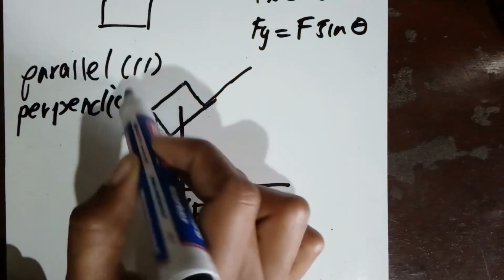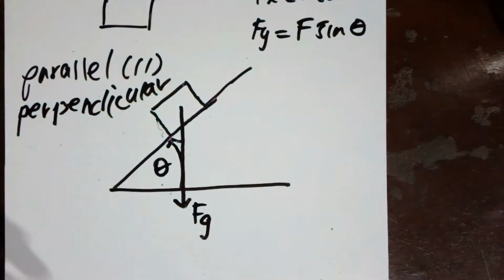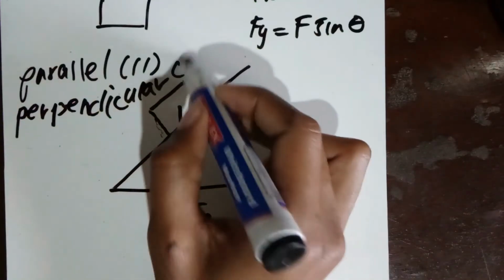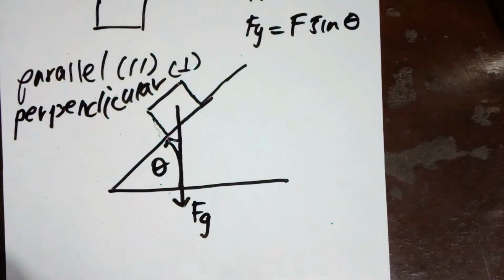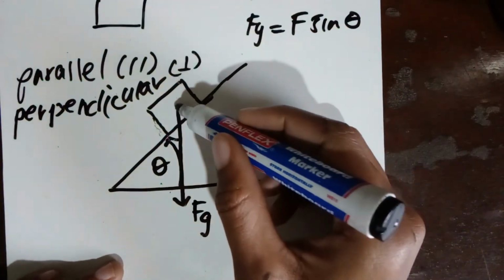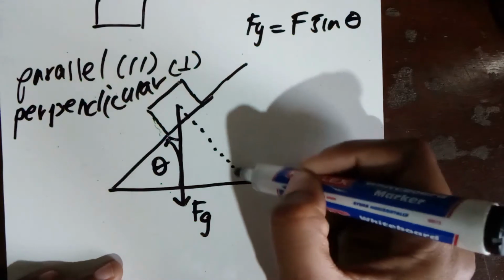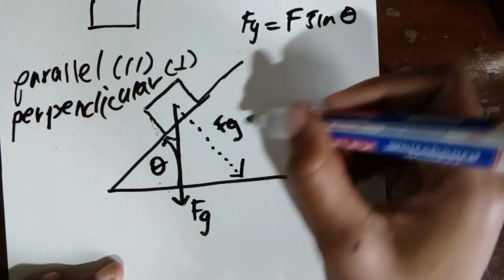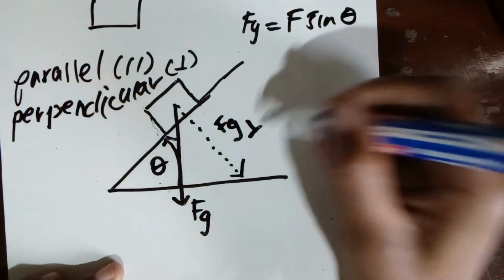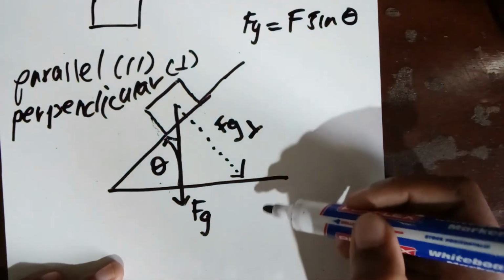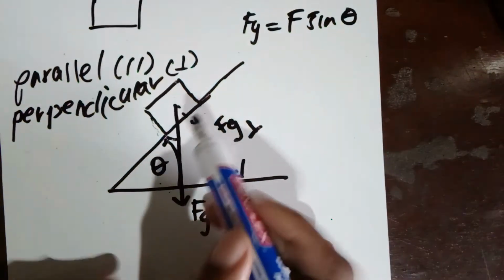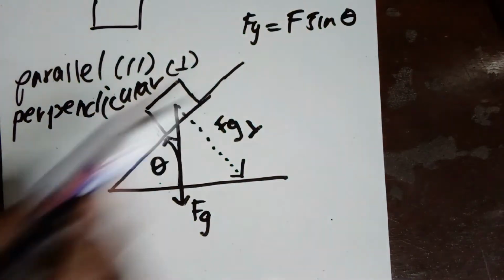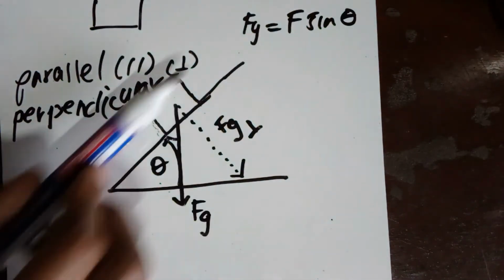Oh, that is the right spelling. Doesn't matter. So the perpendicular component of this vector would be something like this, and we would call it Fg perpendicular. We use this to represent the perpendicular component, but it will also be resolved into the parallel, parallel to the motion.